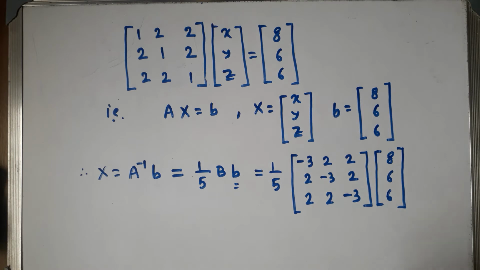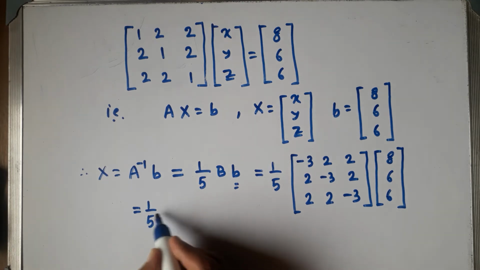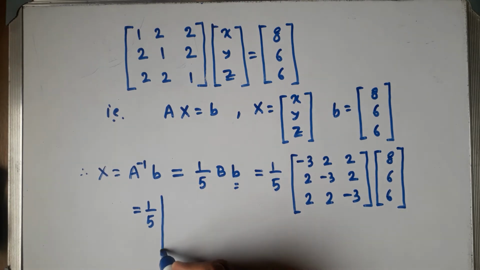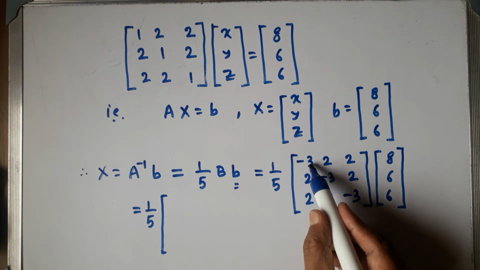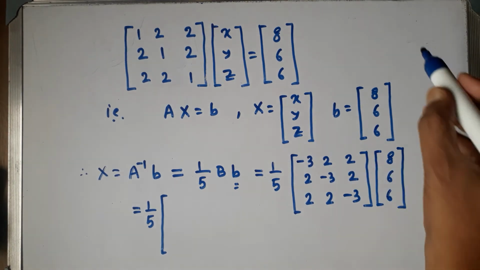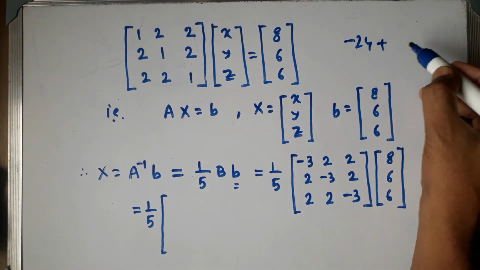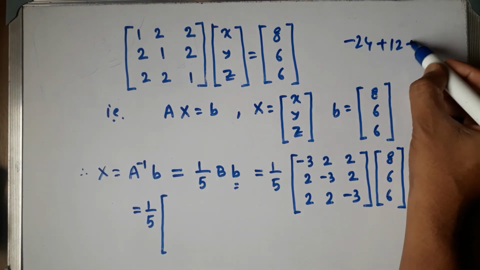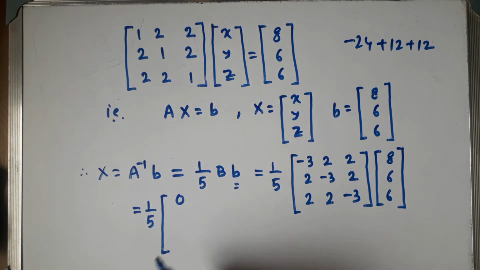This is equal to 1/5 times, this will be -24 plus 12 plus 12, so the first element is 0.